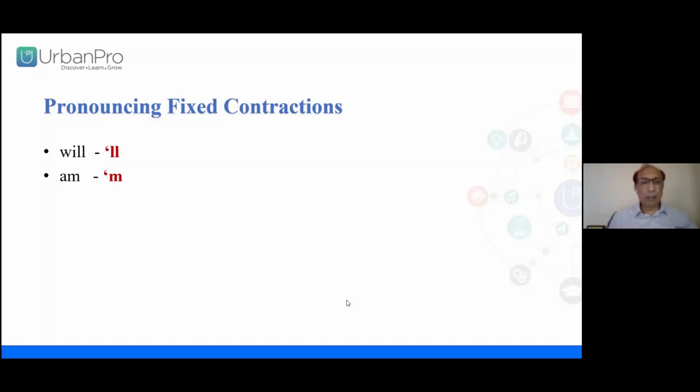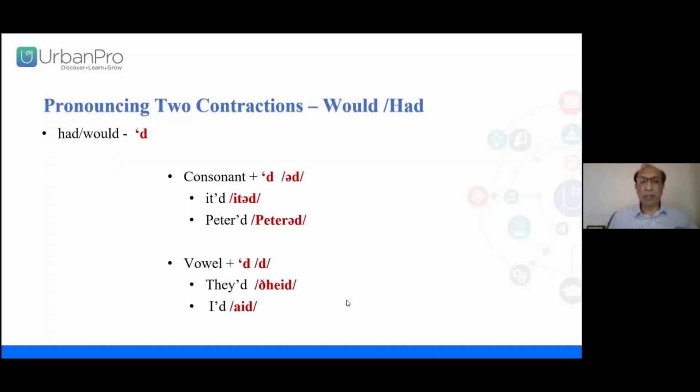Okay, going back to pronouncing the contractions. So let's take up "would" and "had". Okay, "would" or "had" have the same contraction, which is written by apostrophe d. So how do we pronounce it? See, if "had" or "would" is preceded by a consonant sound, we pronounce it as "ud".